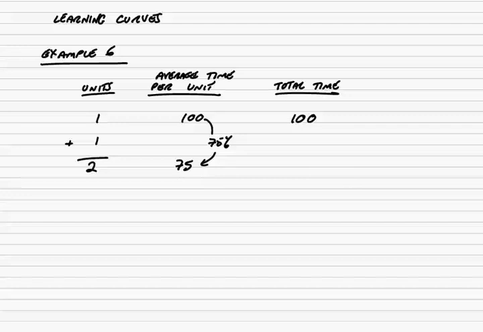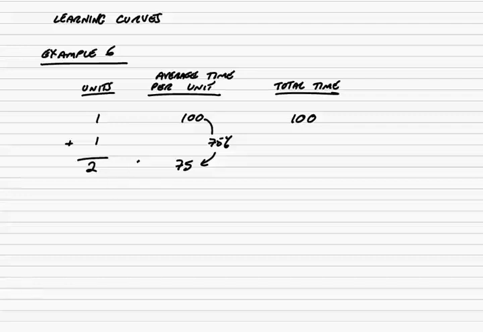Now, arithmetically, that's easy, but very importantly, that 75 is not the time of the second unit. What that 75 is, it's the average time per unit if we make 2. And so we need to do a little bit more work. I'm saying if I make 2, on average they take 75 hours each.